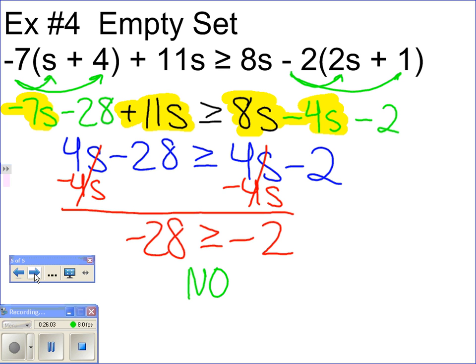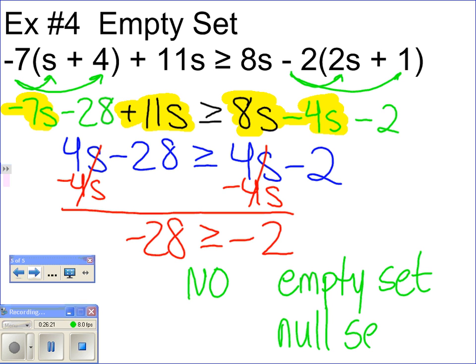But unlike an equation, we're not going to write no solution. Instead, we have a different term for inequalities, and that term is the empty set, sometimes referred to as the null set. And if you wanted to write that as a symbol, you'd put the fancy brackets around it with a line through 0.